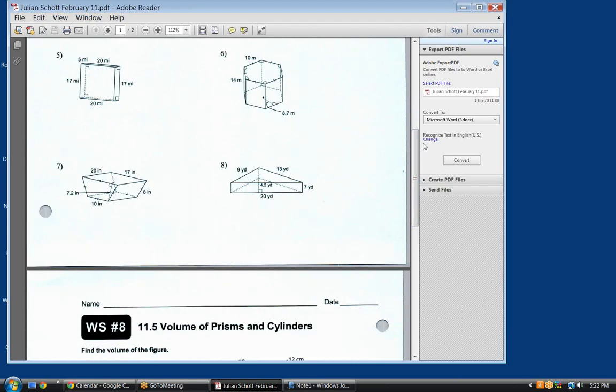And we have nothing but rectangles or squares. Okay. So the volume is 1,700 cubic miles. Make sure you put the units on it. She's liable to take off if you don't. Okay. Number 6.